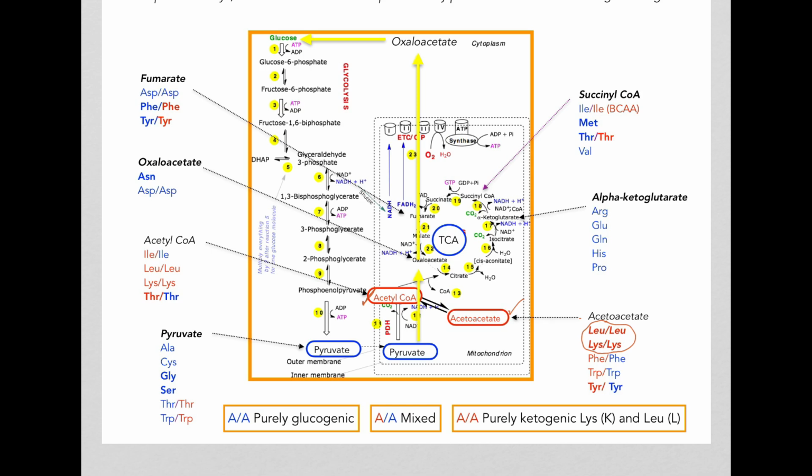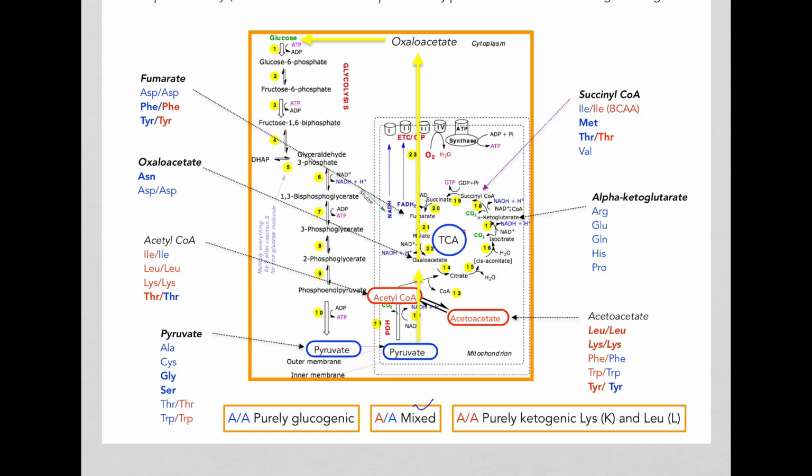Humans cannot convert acetyl-CoA or acetoacetate into pyruvate or into oxaloacetate, and therefore these two amino acids are what we call purely ketogenic amino acids, lysine K and leucine L. So these are the two amino acids that cannot provide our body with carbon skeletons to make glucose.